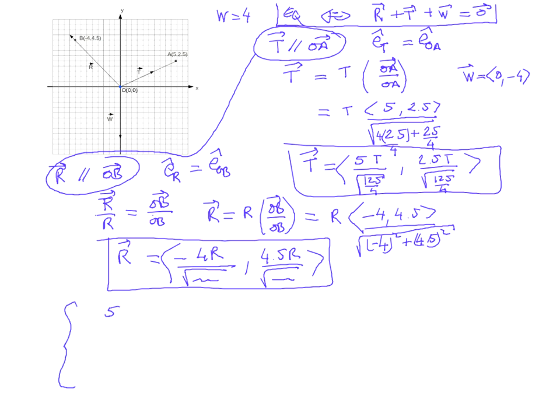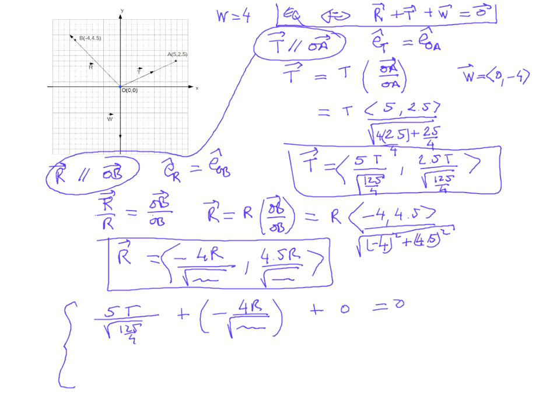Tx is going to be 5T divided by the square root of 125 over 4, plus Rx is negative 4R divided by that ugly square root, and then Wx is 0.